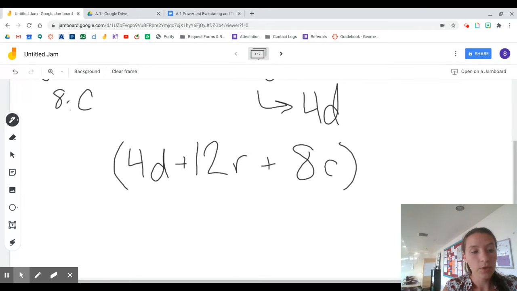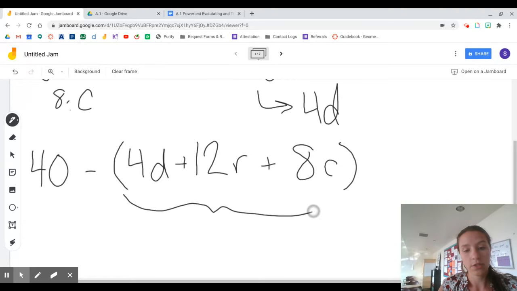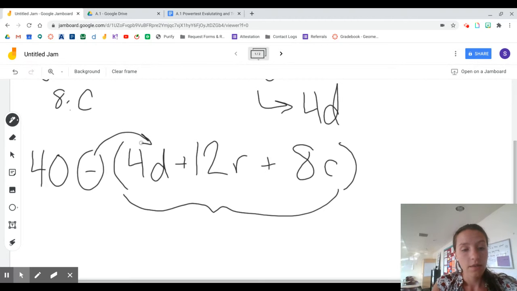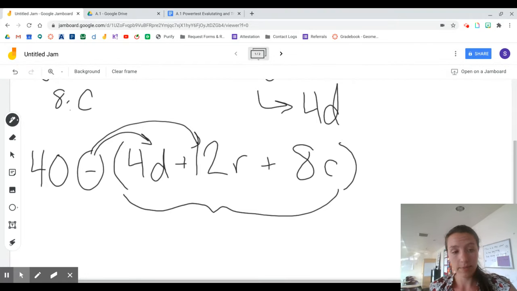He starts with $40. When you say start with and then you make a purchase, which is losing money, we're going to use subtraction. So we're starting with 40 and we're losing the cost of the purchase. It's really important that they're in parentheses because otherwise this negative sign wouldn't distribute and you would be adding the cost of the race cars, but that doesn't make sense because he's losing that money.